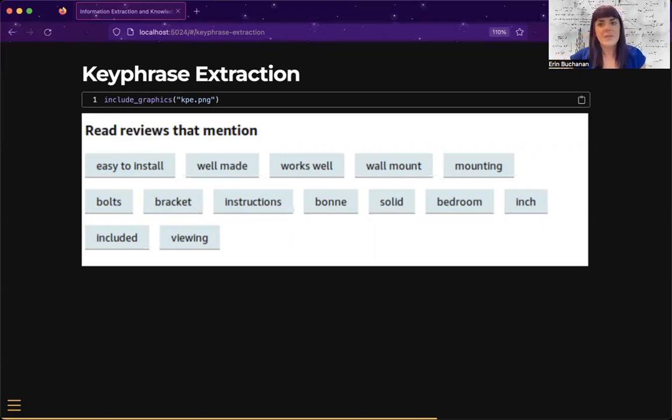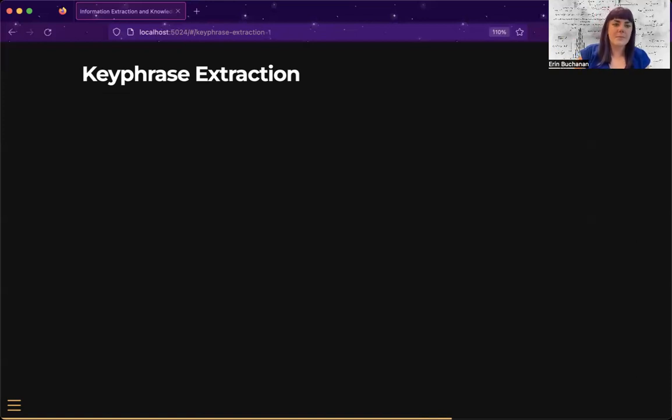Let me see those reviews, because that will have easy and not easy to install. Wall mount works well. Solid bedroom. And so I could search through objects towards what I'm interested in reading about. So Amazon uses this to help you find reviews that might help you decide if you want to buy something.